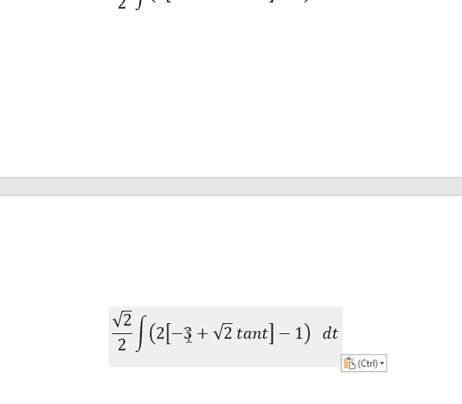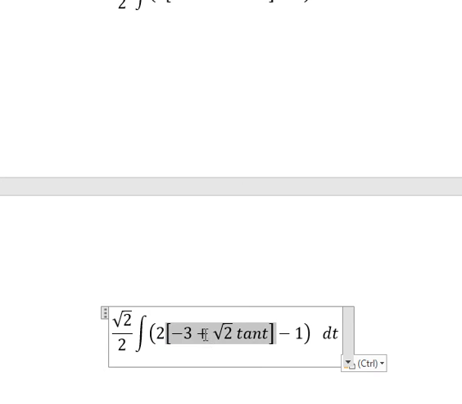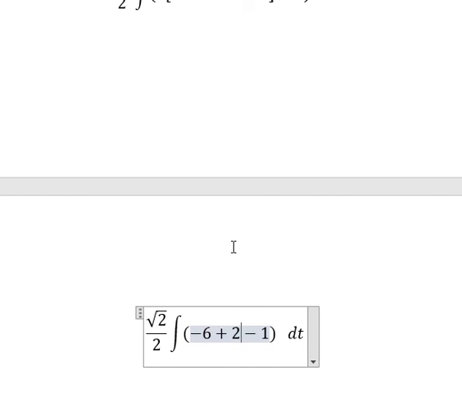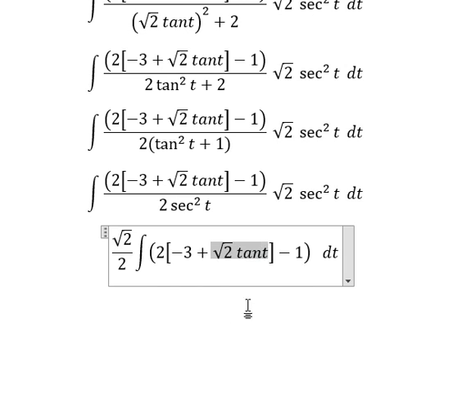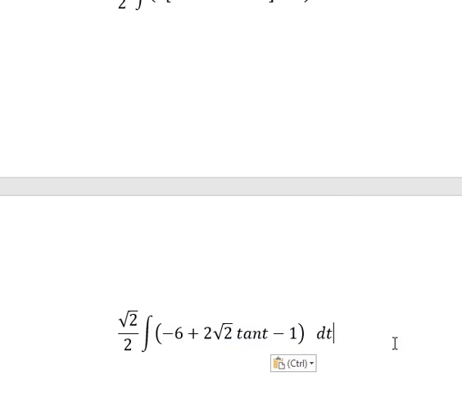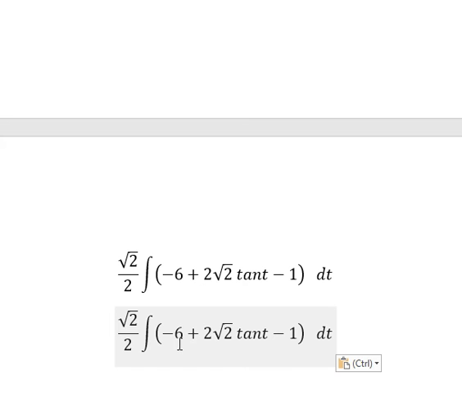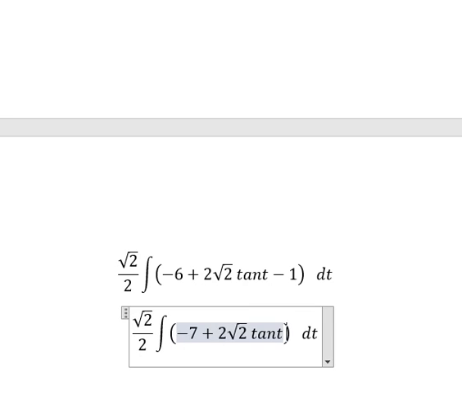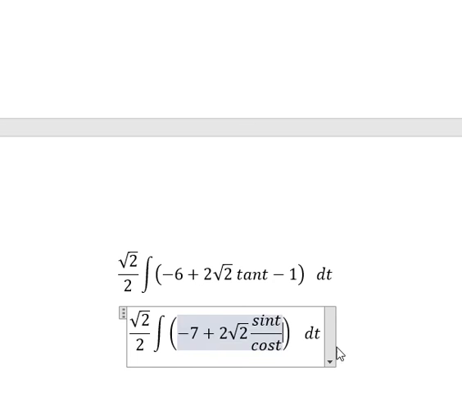So 2 multiplied by negative 3 and this one. So negative 6, negative 1, we have negative 7. Tan t is sine t over cosine t.